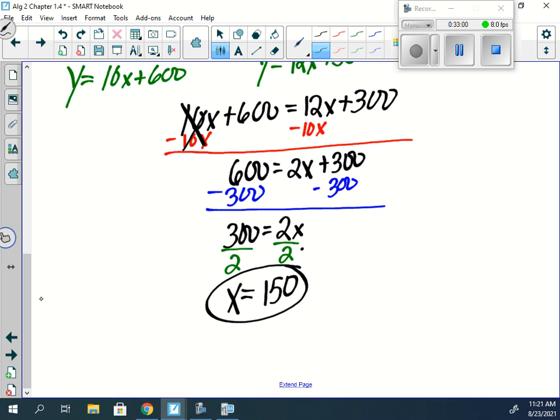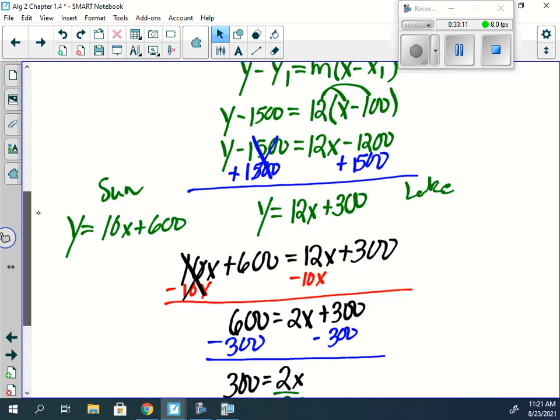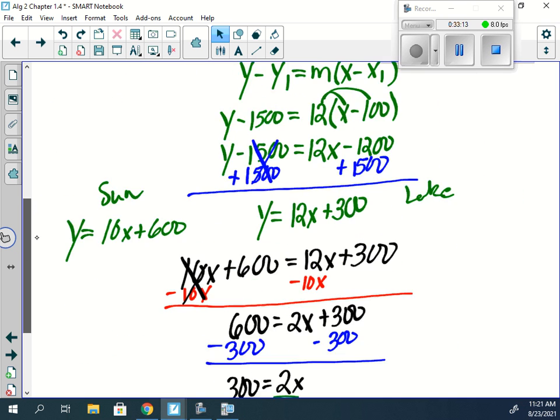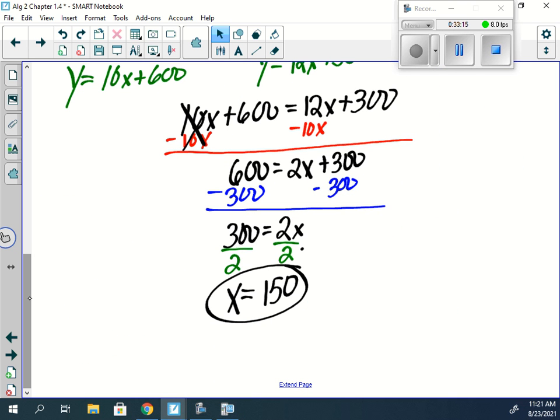So if there are 150 students, the cost for Sunview and Lakeside will be the same, whatever that is. I have a feeling they told us. $2,100 is when they'll be the same.